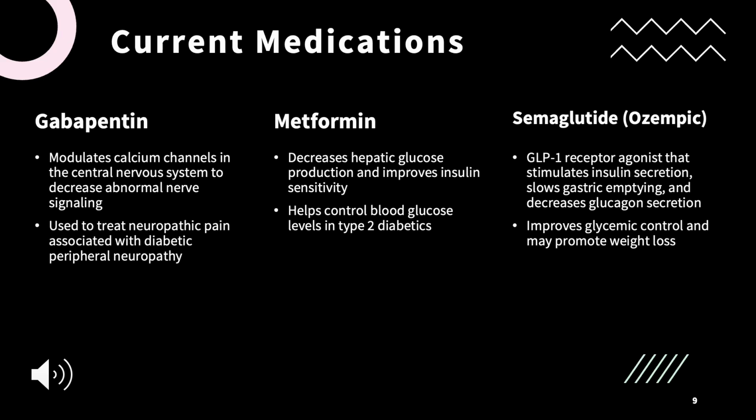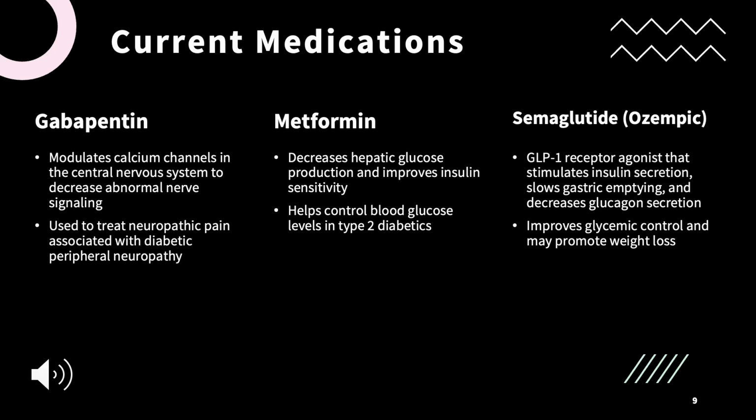This patient's medication regimen includes gabapentin, metformin, and semaglutide for management of diabetic neuropathy and diabetes. Gabapentin works by modulating calcium channels in the nervous system to reduce abnormal nerve signaling and neuropathic pain. Metformin decreases hepatic glucose production and improves insulin sensitivity, helping control blood glucose levels.